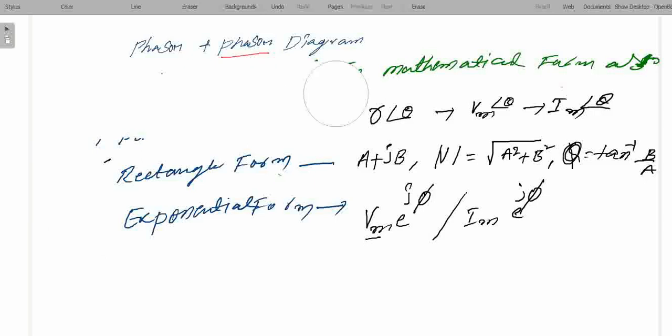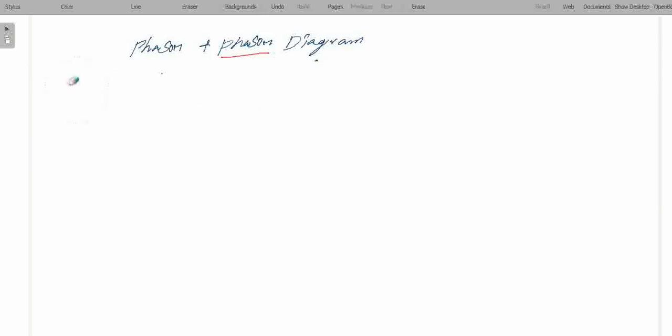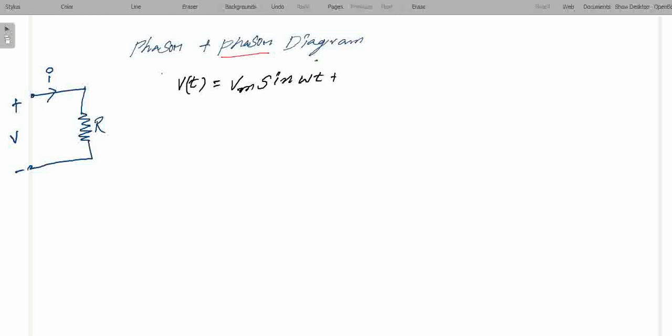Let us see some phasor diagrams for simple circuits, circuits which contain a resistor, inductor, or capacitor. Let us take a circuit which contains only a resistor. This is your V, this is your I, and this is your R. Let us take V of t equal to, considering an AC signal, Vm sin(omega t plus phi).